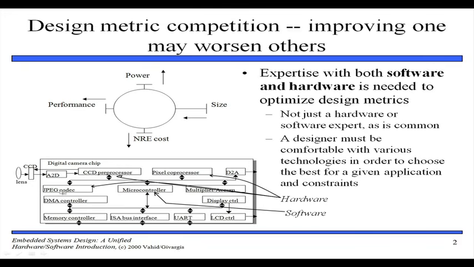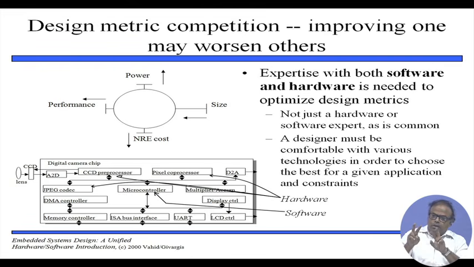The JPEG codec, I can map it to a hardware, or this JPEG codec had the option that I run a software code on the microcontroller for having the compression, right. So, I have got an option of doing this compression in hardware or in software. Similarly, the pixel coprocessor could be done in software or in hardware.